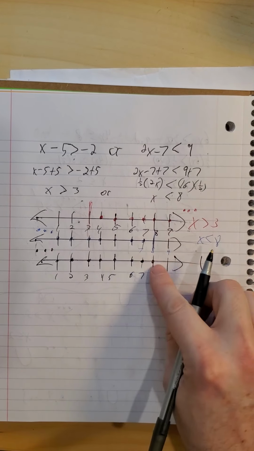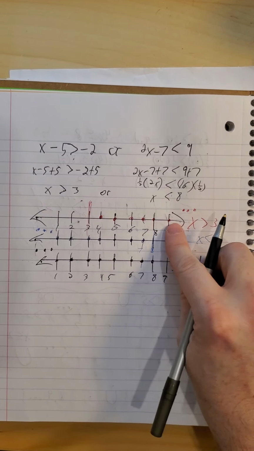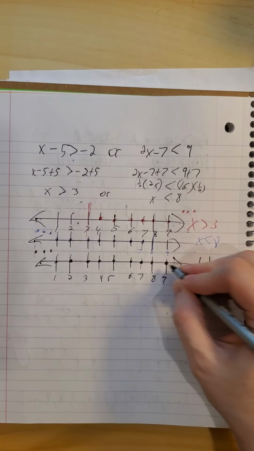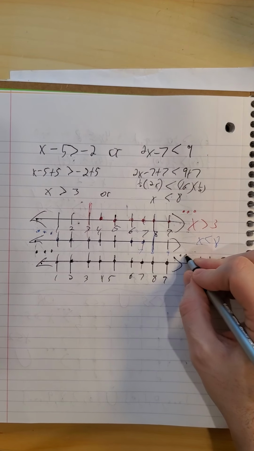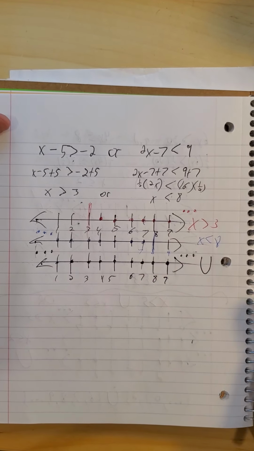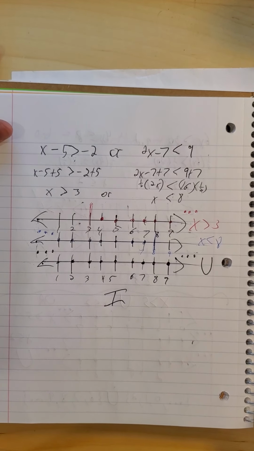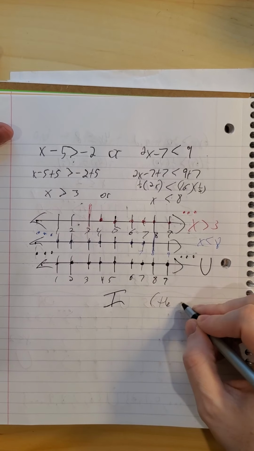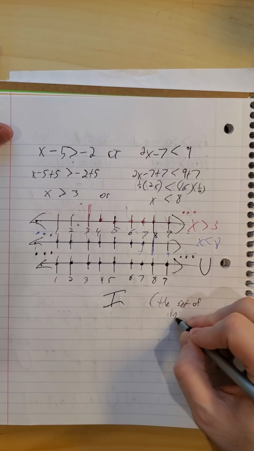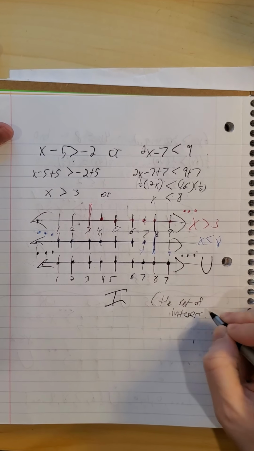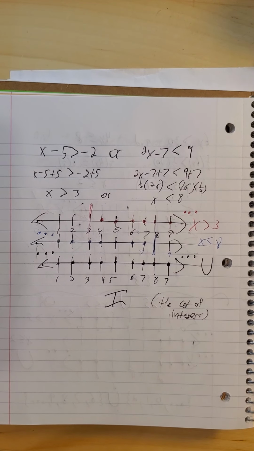Union, if it's in one or the other or both, I get to keep it. So because 9 is in red, I'll get to keep that too, and I'll get to keep going to the right forever. So this time our solution set is I, the set of integers. We keep it all.